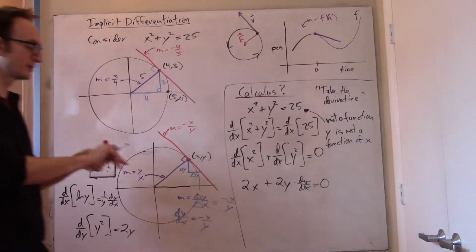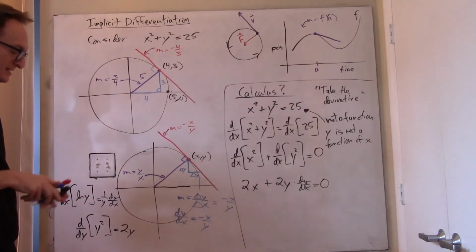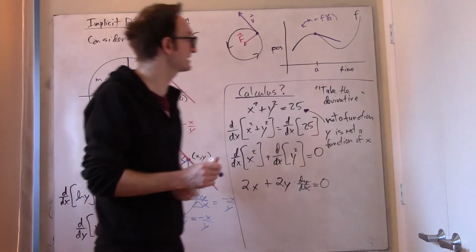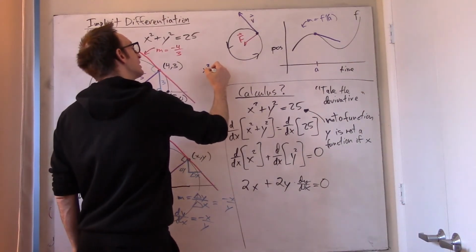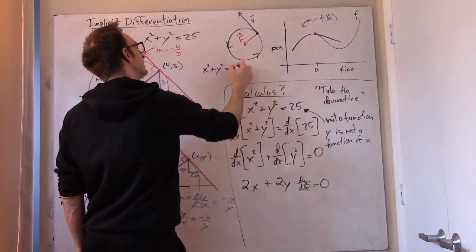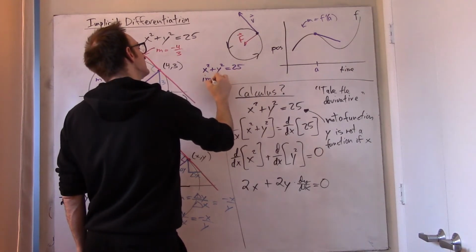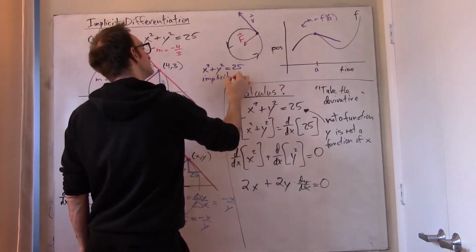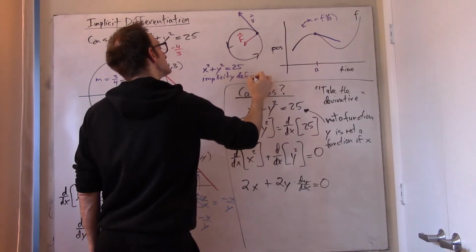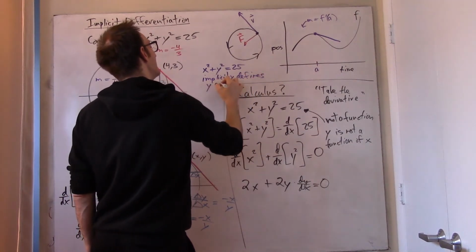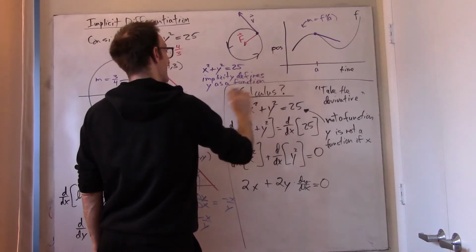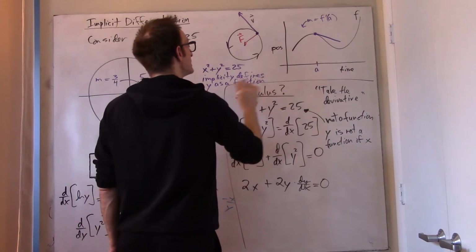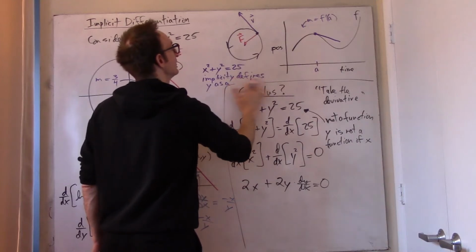And what people say in this situation is that though y is not a function of x, the equation x squared plus y squared equals 25 implicitly defines y in terms of x. Maybe I shouldn't even use the word function.